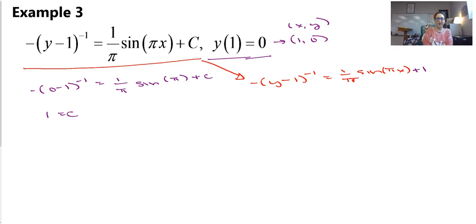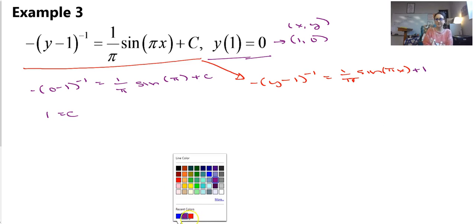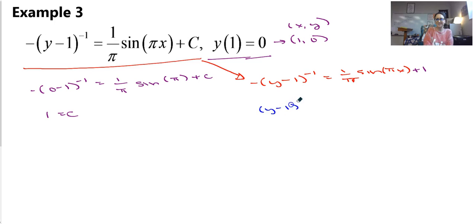All right, we're trying to solve for y, so what would you want to get rid of first? Let's get rid of that negative. We can just change all the signs again. So we've got the quantity y minus 1 to the -1 equals -1 over pi sine of pi x minus 1.